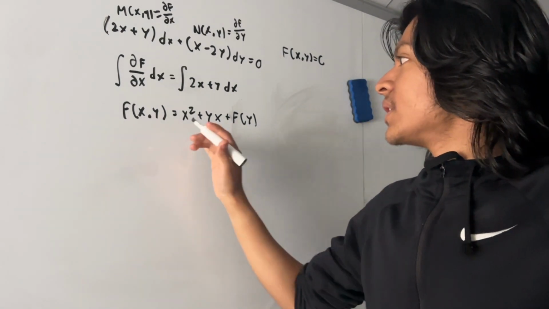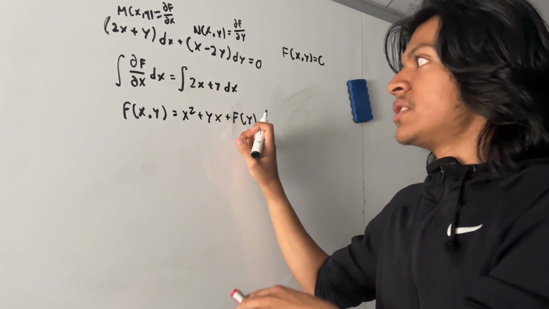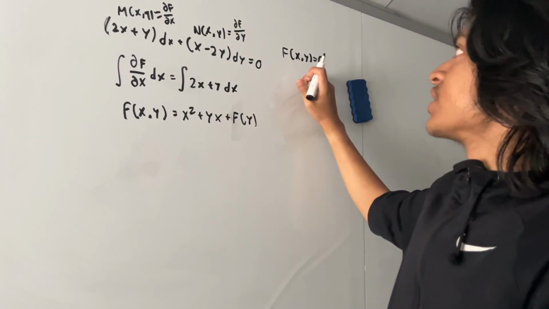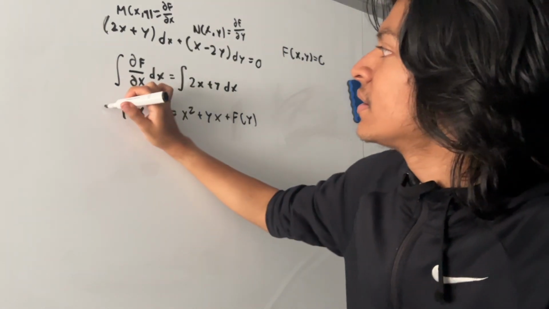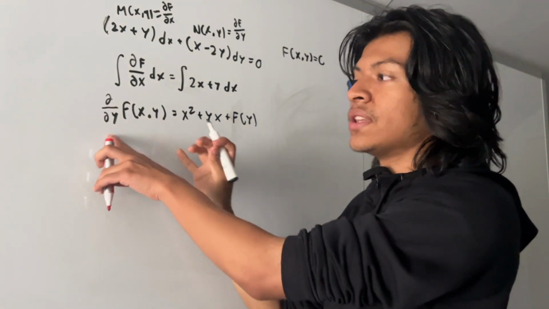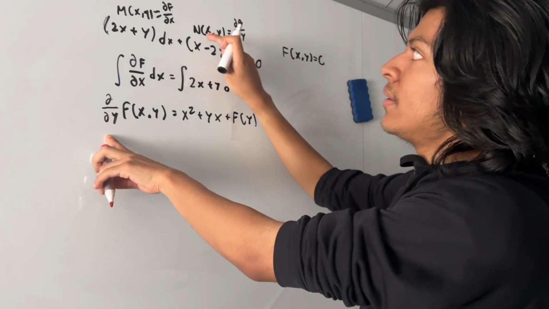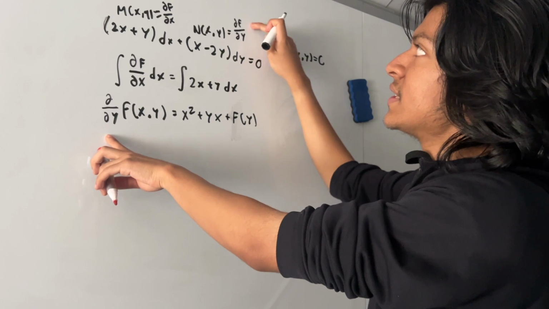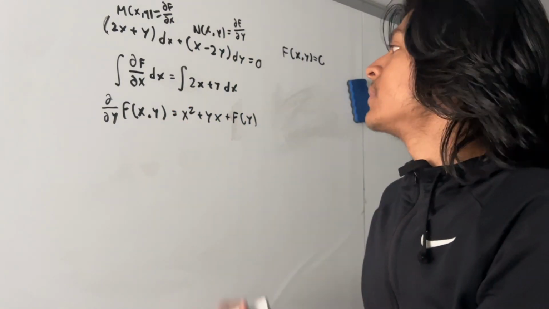Okay, so at this point, we're just going to have to solve for this to get our actual function. Then we could just plug back in here. So in order to do that, we're going to take the partial with respect to y. The reason why we're taking the partial of y is because we already know this is the partial of f with respect to y.